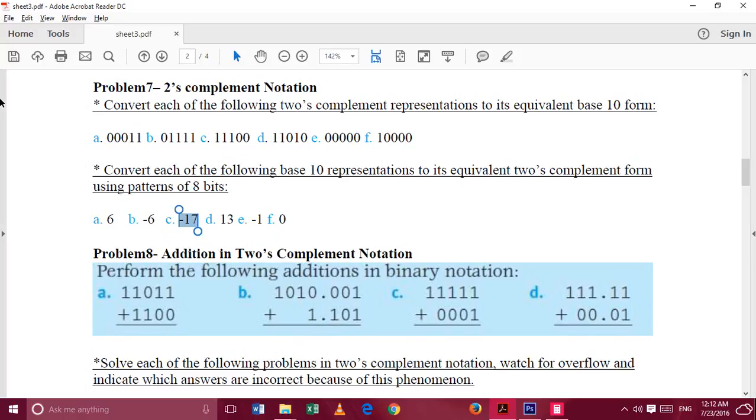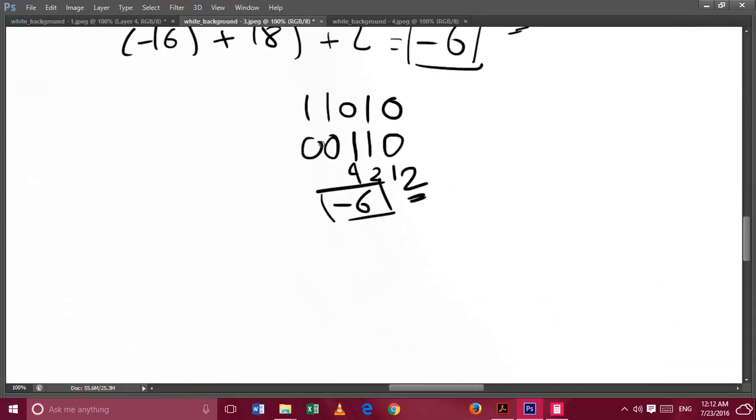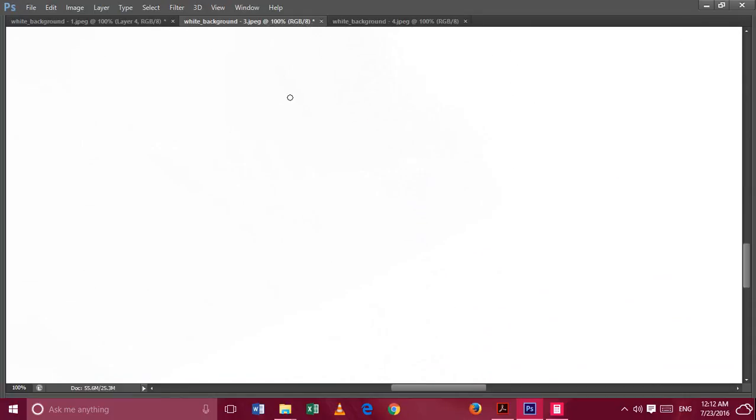So the way to do this, we're going to do minus 17. Why? Because it looks a little bit hard. To convert minus 17 to its 2's complement equivalent, first we need to convert this to 17 using unsigned binary, and then we convert it from unsigned binary to 2's complement.